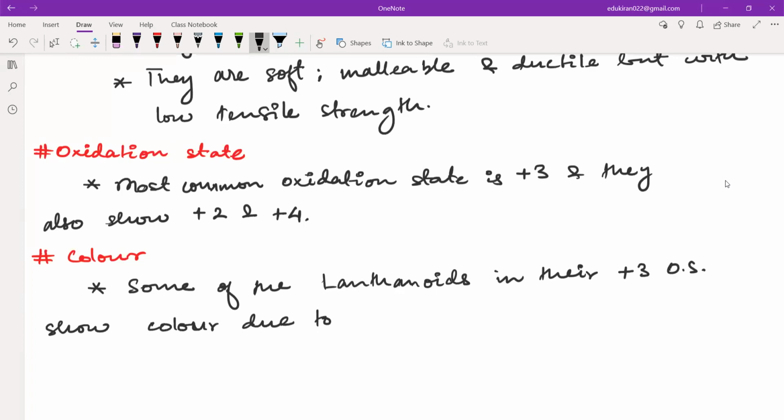What is the reason for color in f block elements? f-f transition, due to f-f transitions.